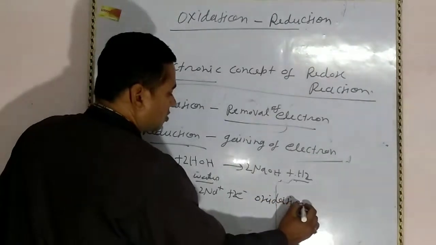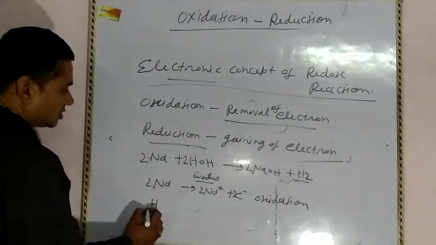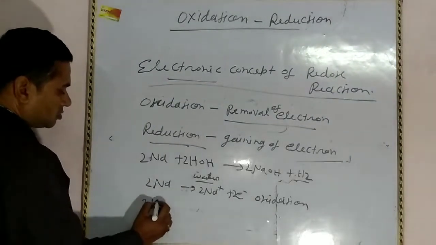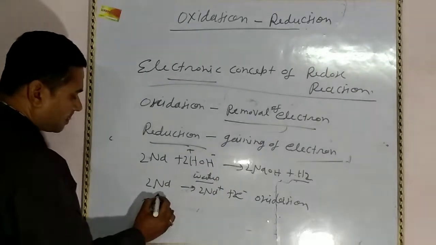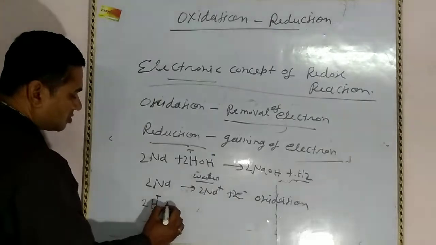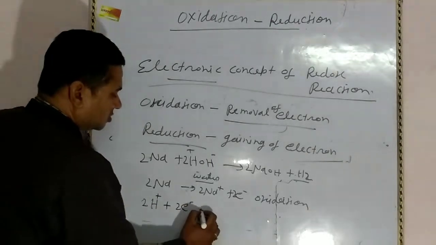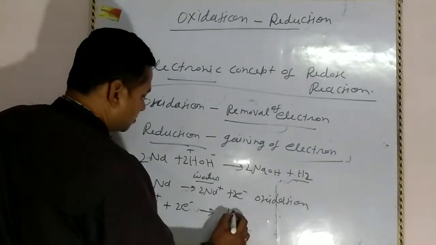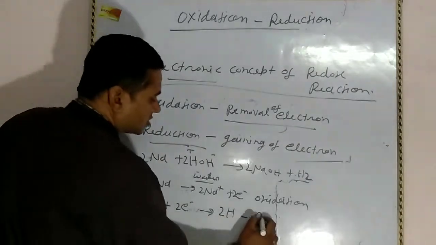This is oxidation. Now here 2H plus, this is plus, this is minus, and 2 electrons form 2H. So this is reduction.